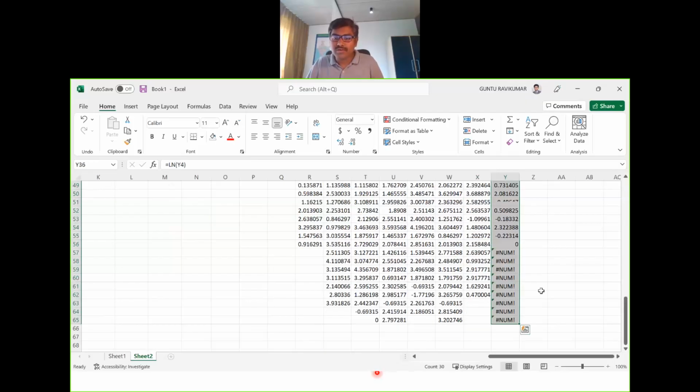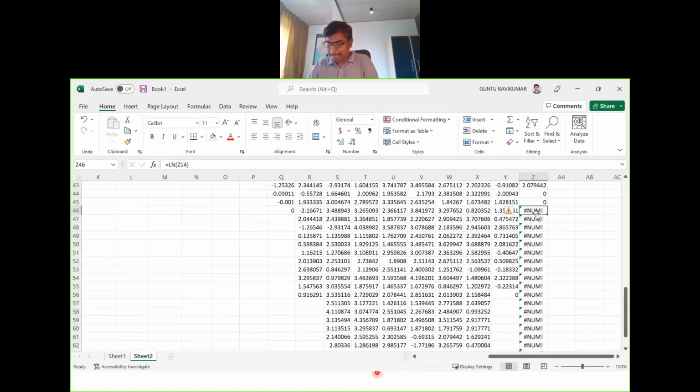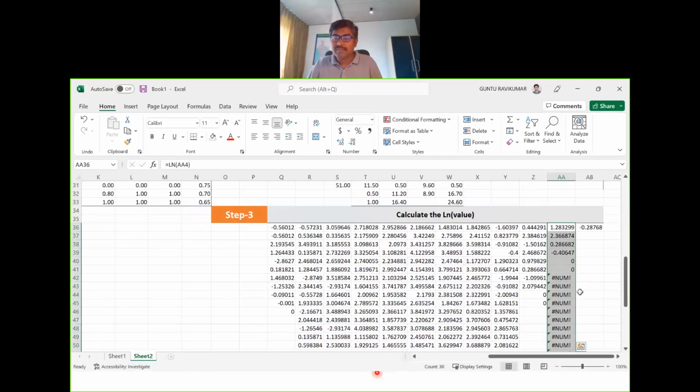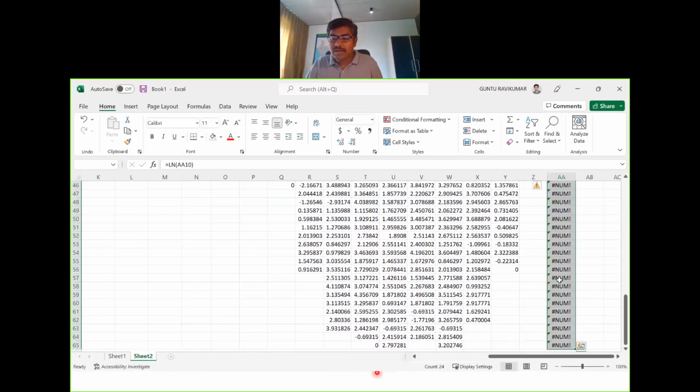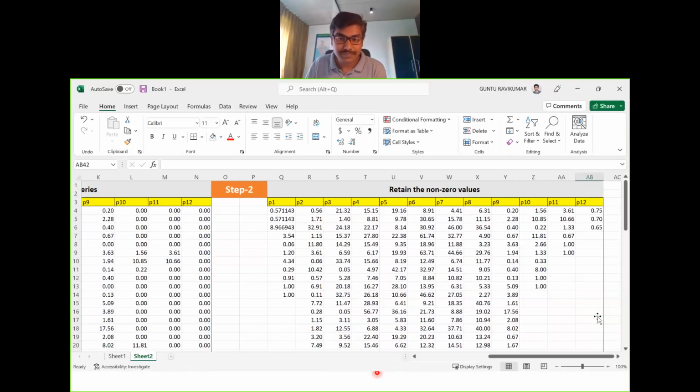Ninth, we don't have values here. Next, 10. Okay. Last month, 12th month. So in the 12th month, out of 30 observations, we have only 3 non-zero precipitation values. Rest are zero precipitation values. So no precipitation at all.